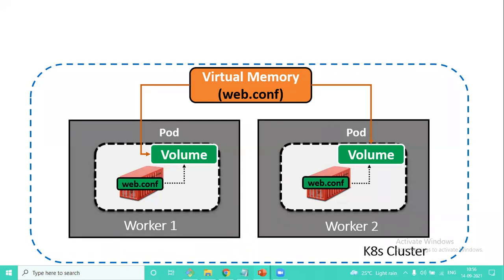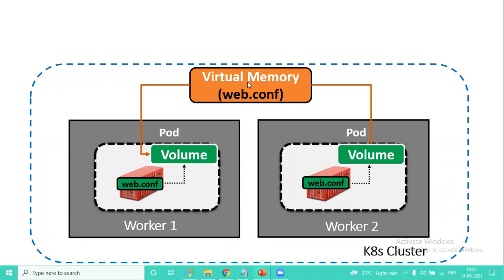If you have a configuration file that you want to share across your pod, then you are going to use a new object called config map. The same, if you have some sensitive data like a certificate or a key store, then the object that you are going to use is called a secret object.